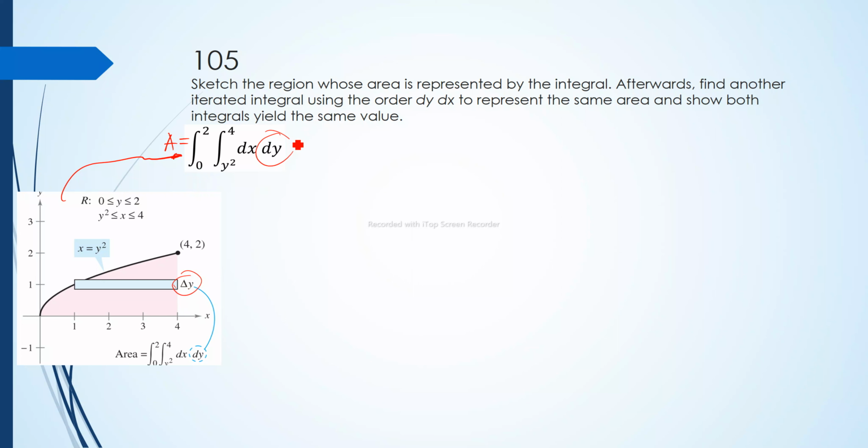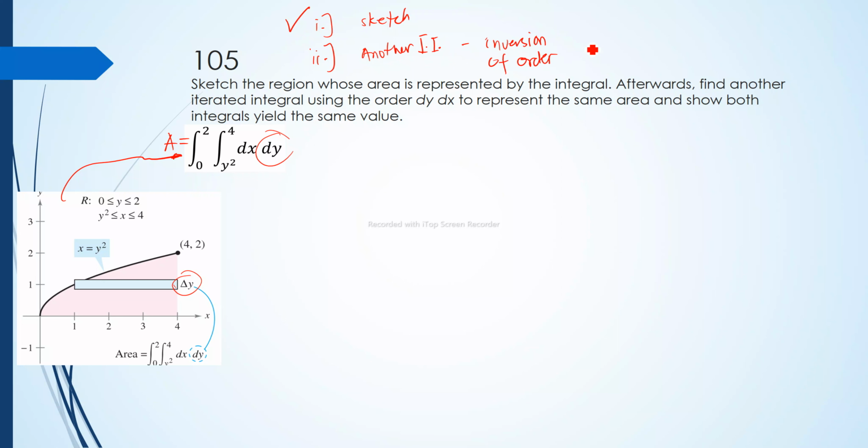So number one, we are asked to sketch, which is already fine. Number two, we are asked to find another iterated integral, but there is an inversion of order.